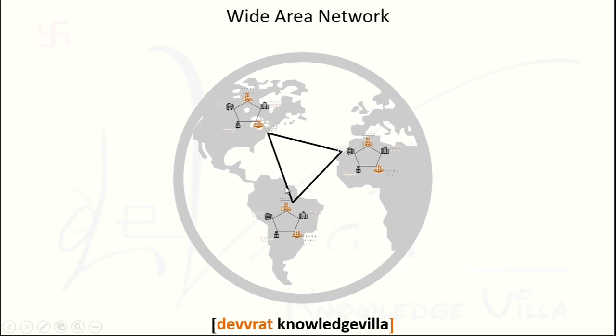But one question in your mind: suppose there is land to land, but in between there is an ocean. What will happen to establish the network? According to computer networks, the network service provider establishes cable inside the deep ocean.